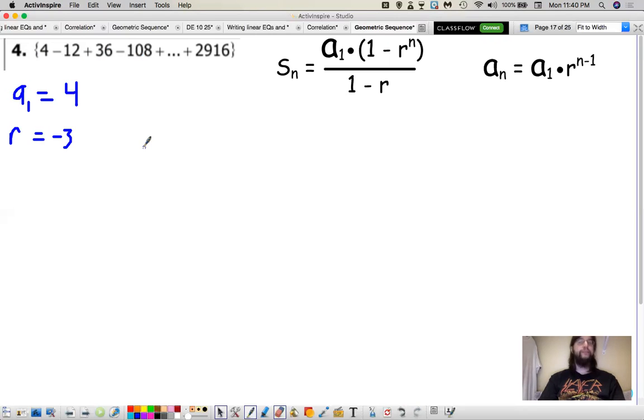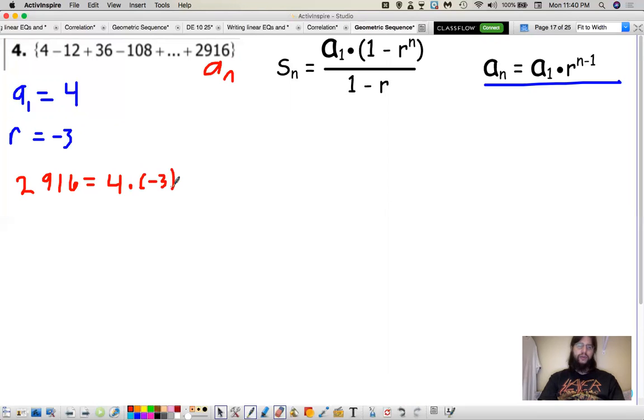Then that's what we're going to do again. But I'm not going to bother with the logarithm. I'm just going to think about powers. But we do know that A sub n is 2,916. Has to equal A1 is 4, R is -3.